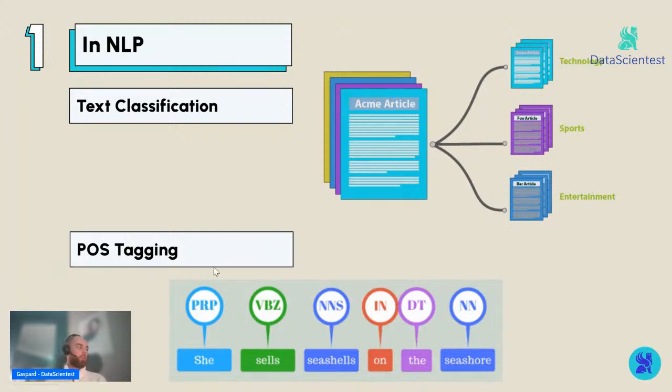The other one could be POS tagging, for part of speech tagging. The idea is that you can associate to each word its usage, its syntactic role in the sentence, and that can also be really interesting. And you could do both actually.